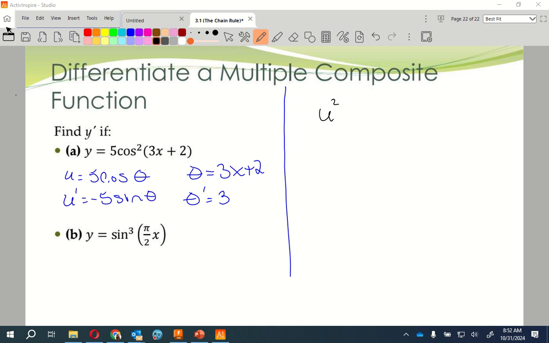Okay, keep going. So from there, I should get 2u times, but then when I did du, didn't I have to have another one? Because I also had a chain on that one, right?